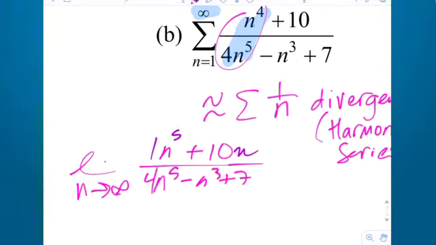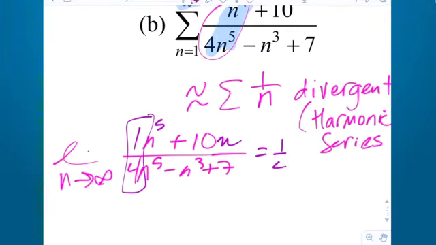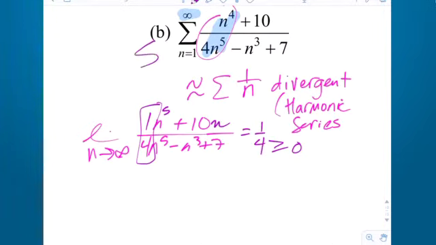But when you compare it to the right thing, essentially you make the powers in the numerator and the denominator the same. You'll always have the same degree. And so the limit should always be what? Leading coefficient over leading coefficient, which is a fourth. And because 1/4 is greater than or equal to 0, I'll call that S at the top. S does what as well? Yeah, diverges.